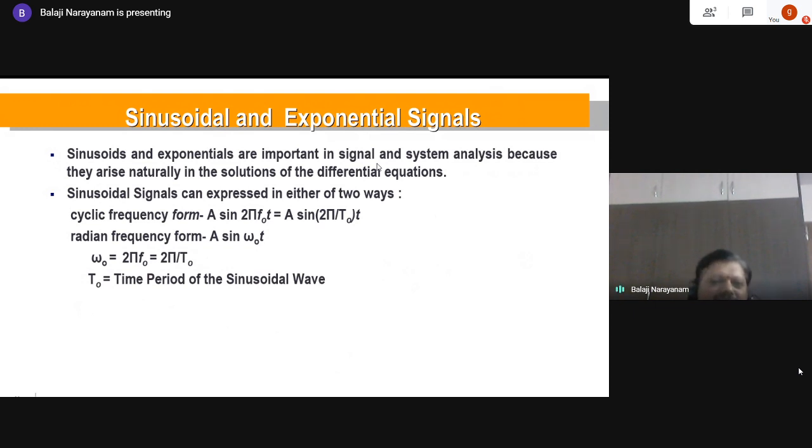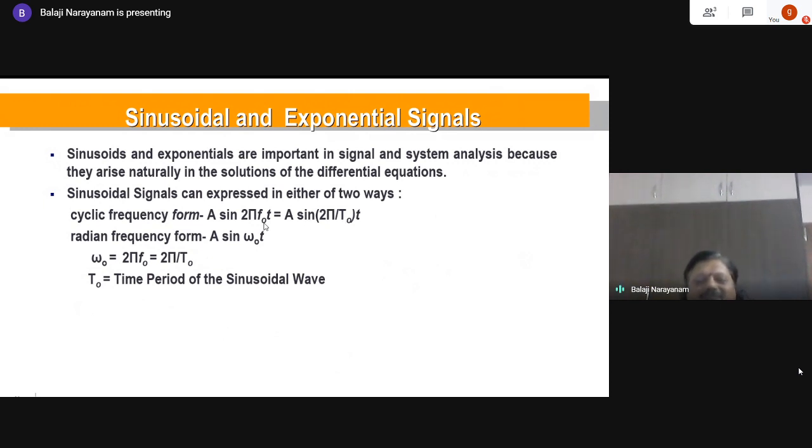The sinusoidal signal A sin omega naught t, where omega naught is the angular frequency, has the relation between the angular frequency and the linear frequency f naught given by omega naught equals 2 pi f naught, and hence you find A sin 2 pi f naught t as the signal, and that can be rewritten as A sin 2 pi by T naught t.